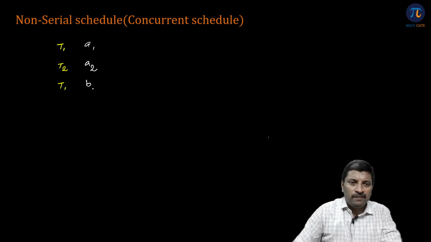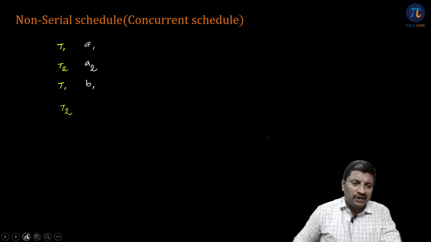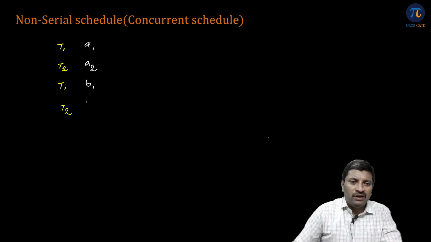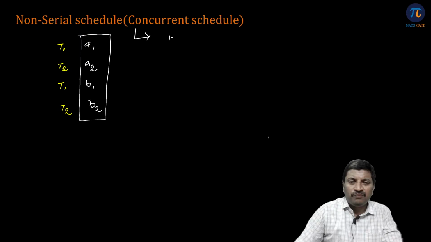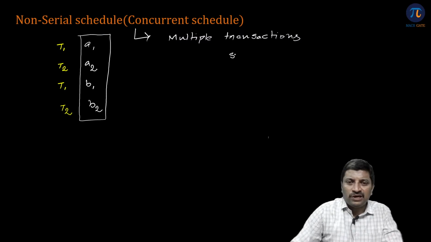Again, we can switch to the second transaction and do the next operation. Like that, you can do. So here both transactions are running parallelly. You can say multiple transactions started simultaneously.